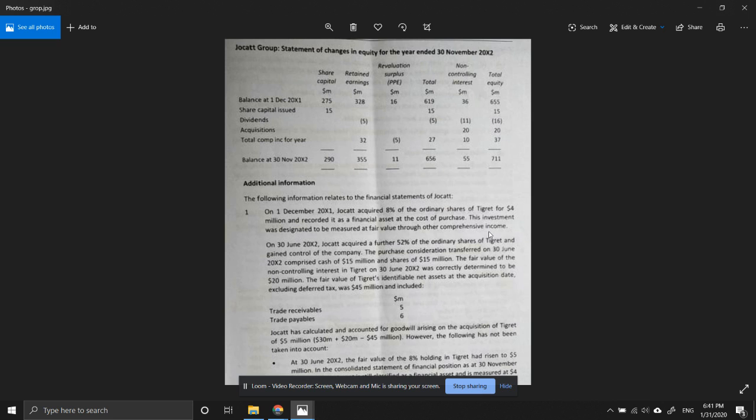Okay, so any gains or losses should be taken into OCI. Having said that, what are the items of OCI? It just basically means that the business model is to hold that particular asset for a longer period of time.